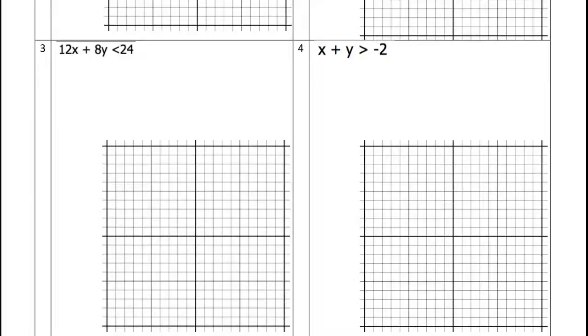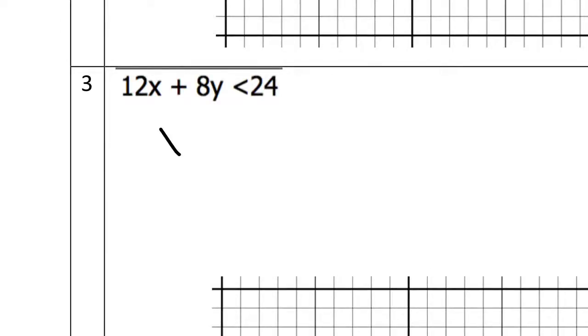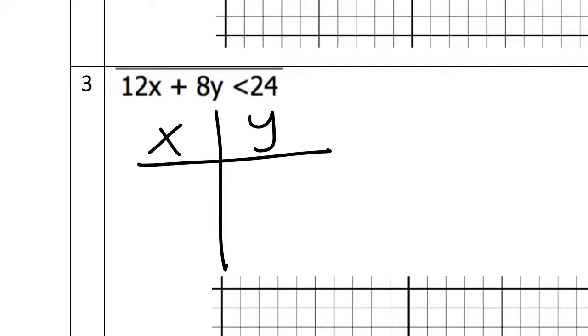This makes my job a lot easier because I can make a t-chart and choose values for x and y to plug in to figure out 2 points so that I can draw this line. Because 24 is a multiple of 8 and 12, I can let x equal 0, and then for my second point, let y equal 0.